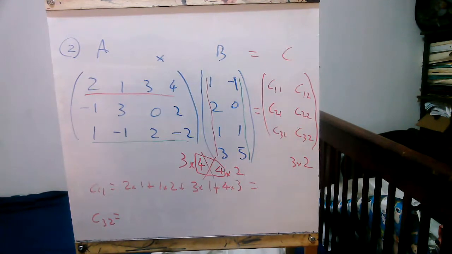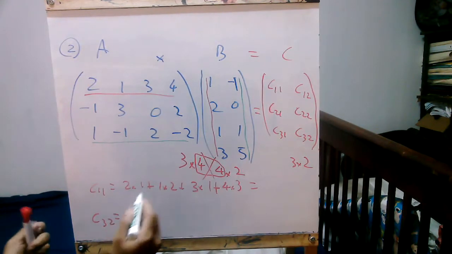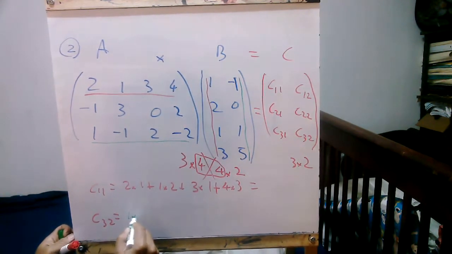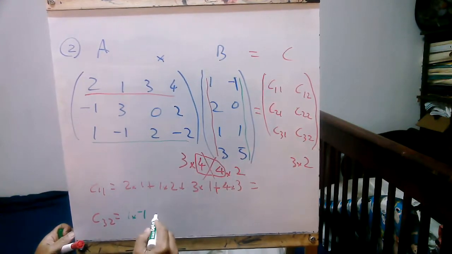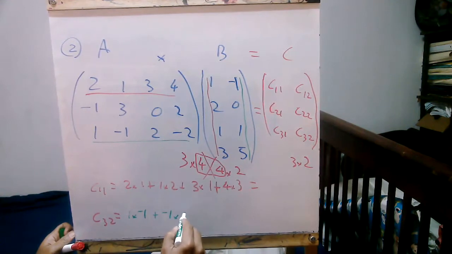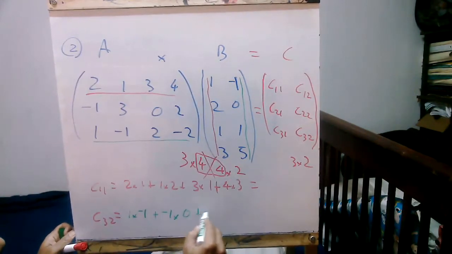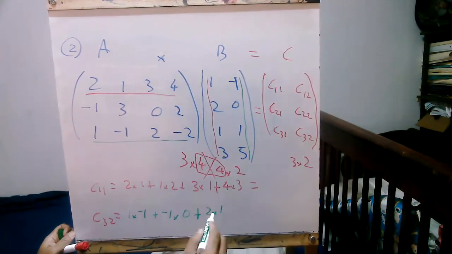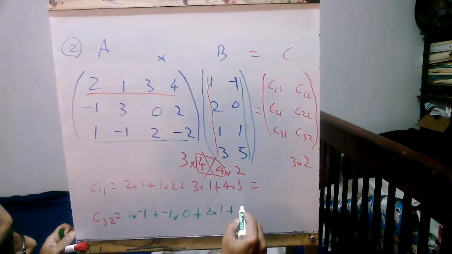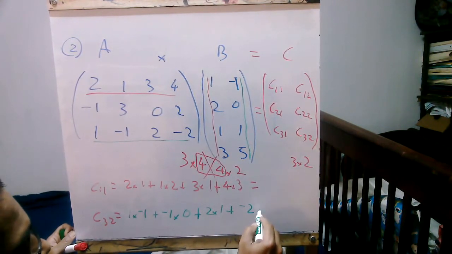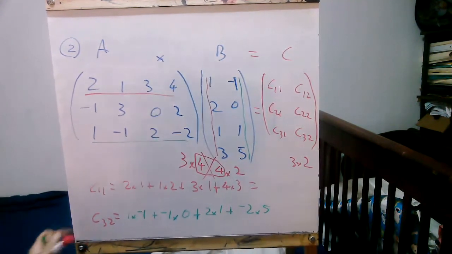What we get: 1 times -1 plus -1 times 0 plus 2 times 1 plus -2 times 5, right?